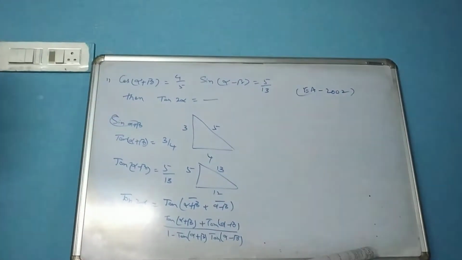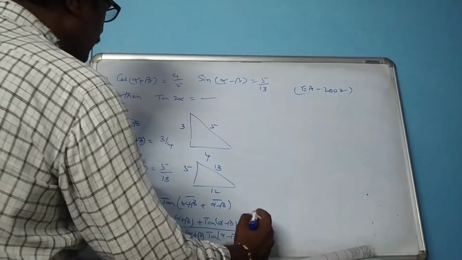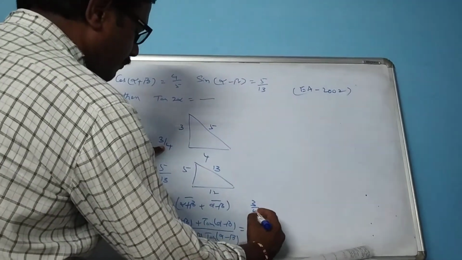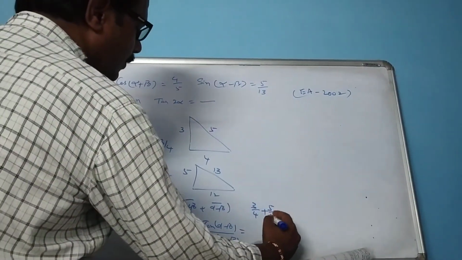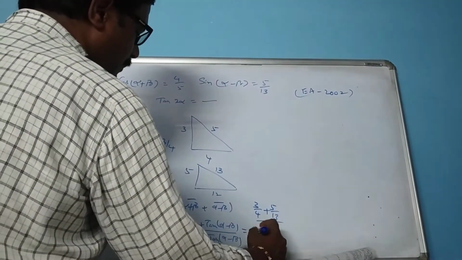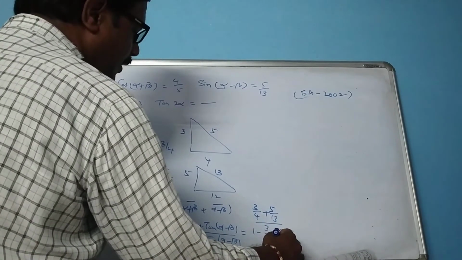Tan (alpha plus beta) is equal to 3 by 4. Tan (alpha minus beta) is equal to 5 by 12, divided by 1 minus 3 by 4 into 5 by 12.